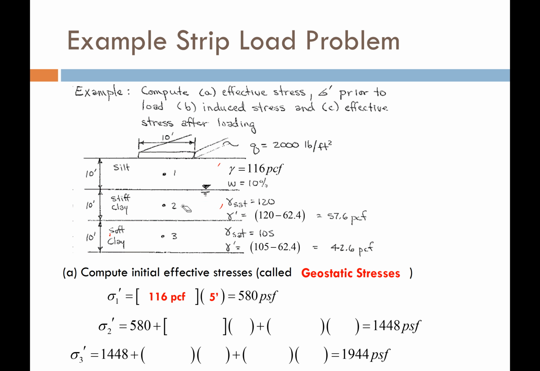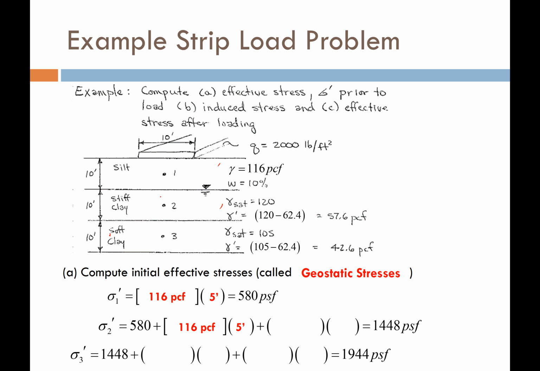Okay, at point number 2, we have our stress from point number 1. So we need to add to it some additional stress. Let's add to it the stress from this layer of soil, which will be the 116 pounds per cubic foot times 5 feet of thickness.